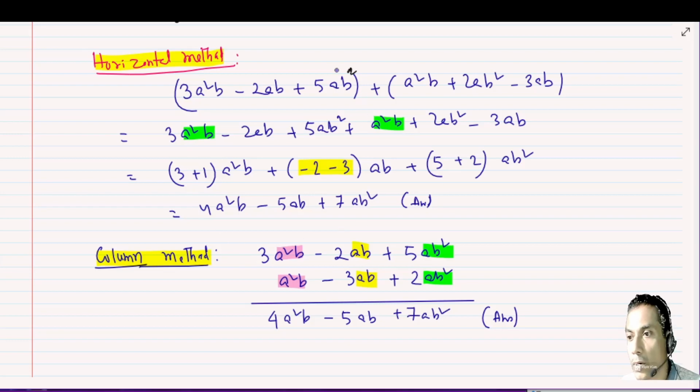You have to practice the horizontal a lot, because if the expression is very small, to get a quick result we do the horizontal method. But if it is something complex, maybe 3 or 4 columns, you keep all like terms in the same column, then do the addition with the same method. So I hope this method is clear.